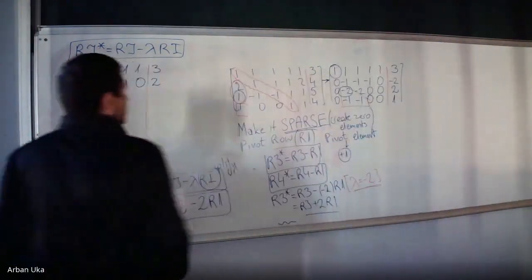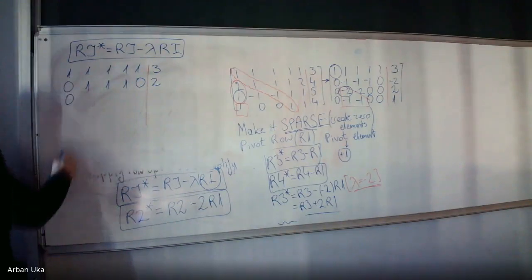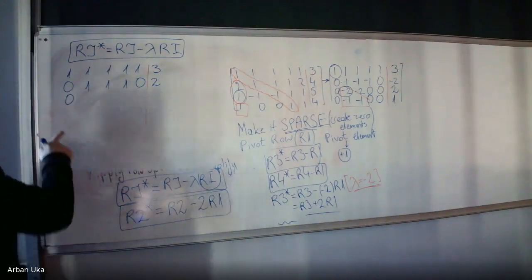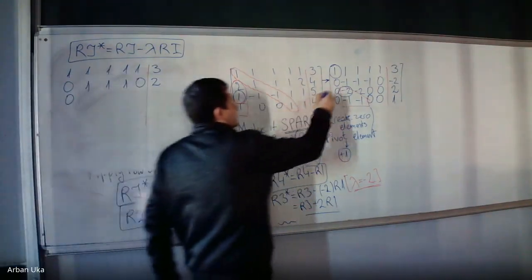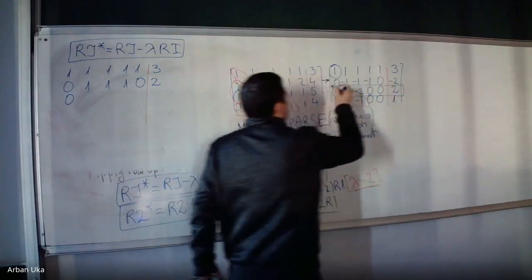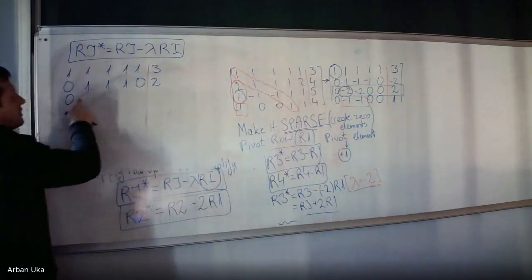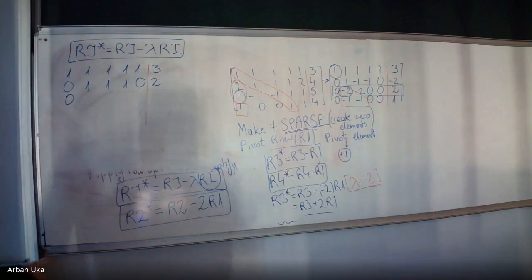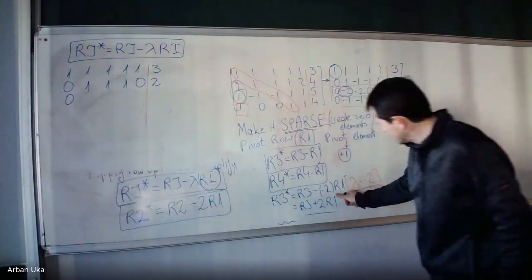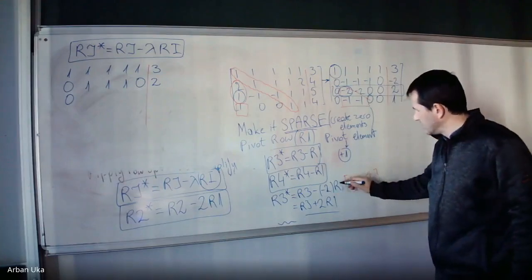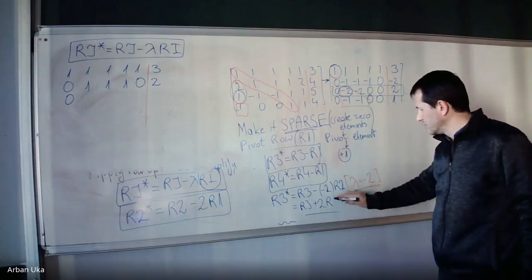So let's continue here. We get here 0. Let's read the row here, these values from here, and row 2, let's obtain it from here. So we get row 3 plus 2R1. Sorry, this is 2R2. This is a mistake, because now row 2 is a pivot, okay?